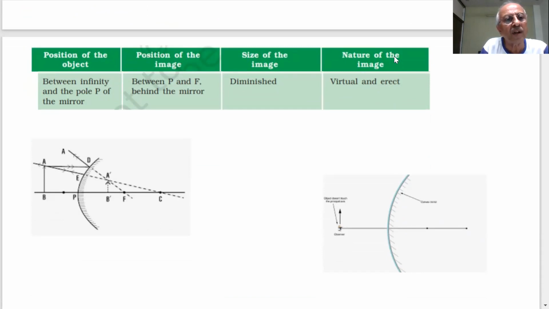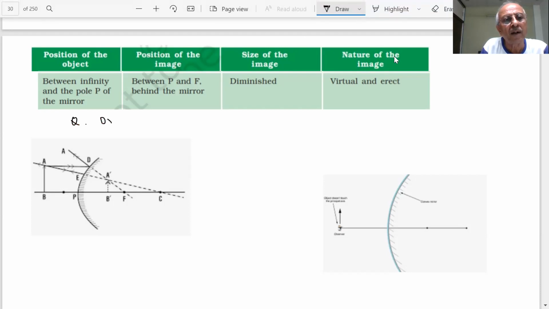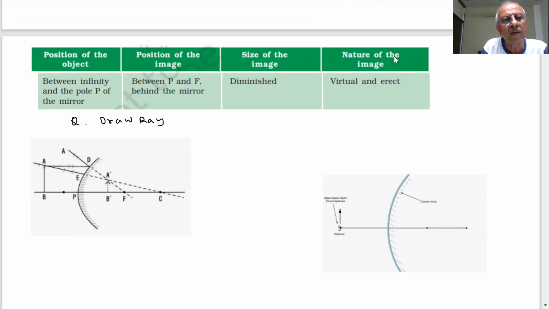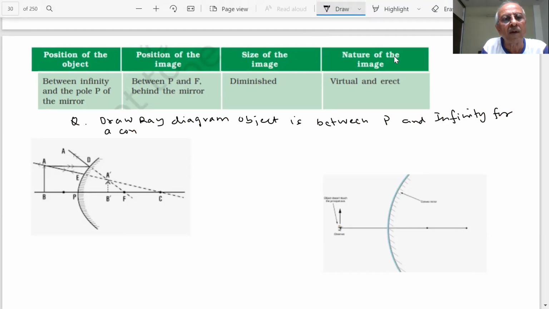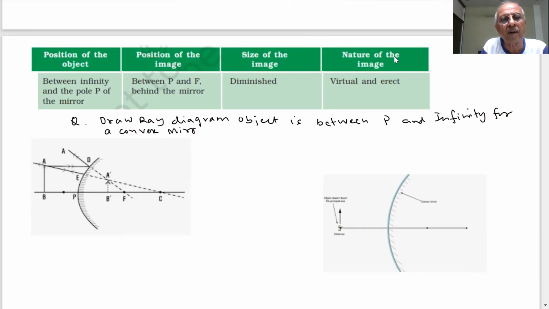The question: draw the ray diagram when the object is between pole and infinity for a convex mirror. Question number 2.